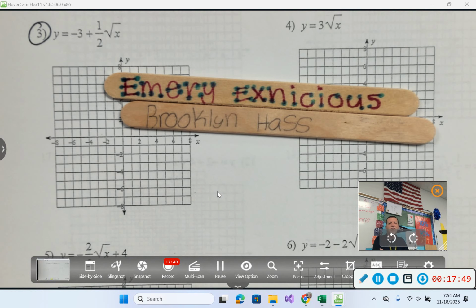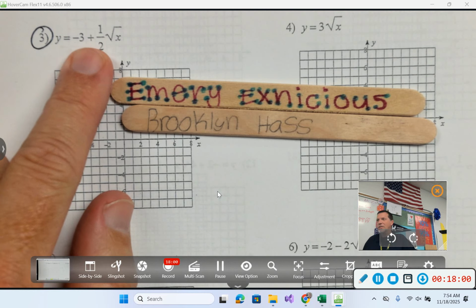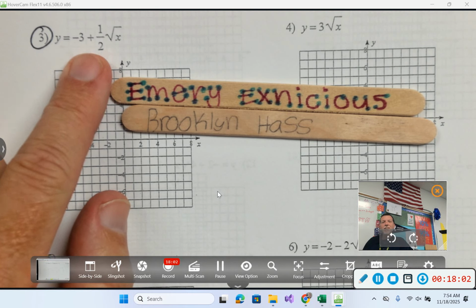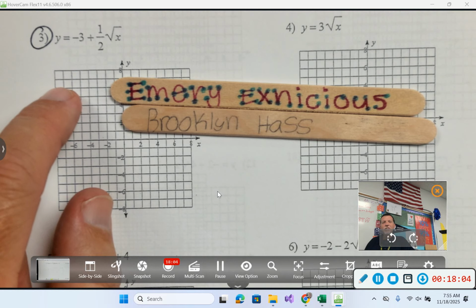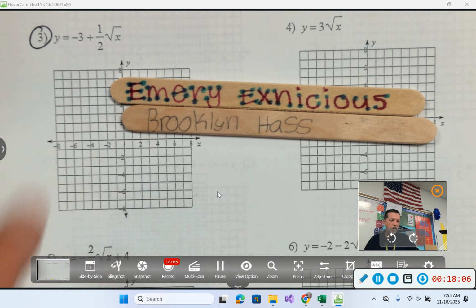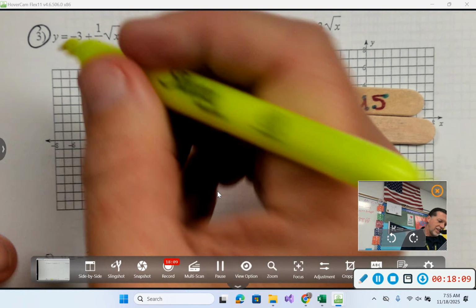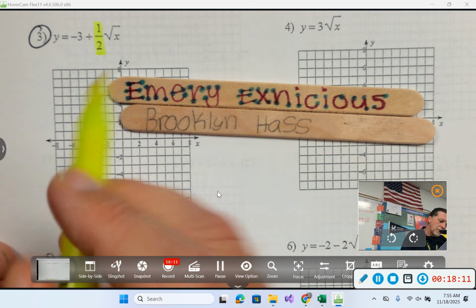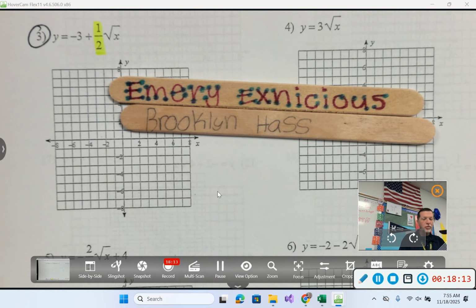So, Emery, what's one of the changes that has happened? Oh, wait. I can see why you say that, but it's not negative 3 times the square root of x. So, there's two things you could address here. Would you still use the 3 to multiply then? Or no? Well, use the 1/2. You use the 1/2 to multiply.